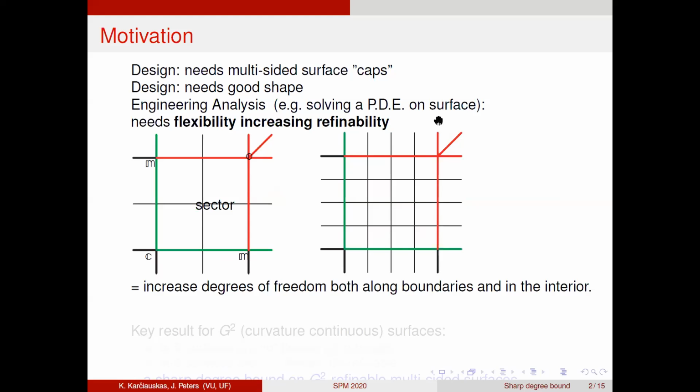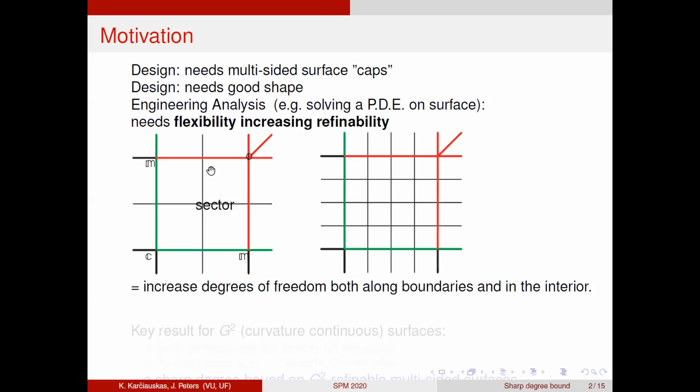We want to have also the ability to increasingly approximate a function on the surface. So if we're solving a partial differential equation on the surface, the solution is typically not polynomial, and we need a space that increasingly approximates the correct solution.